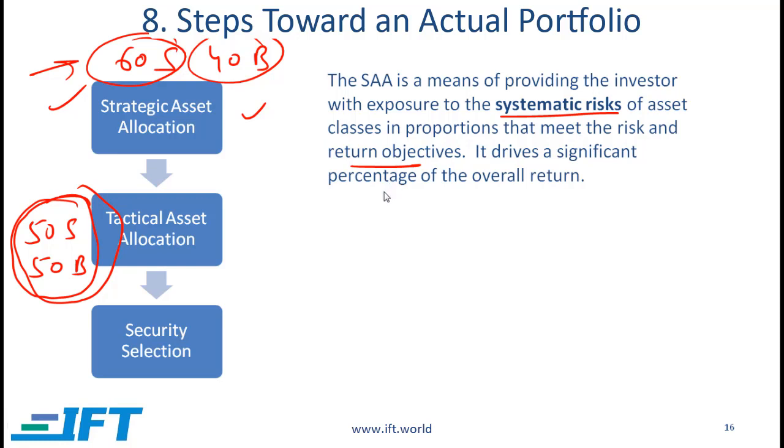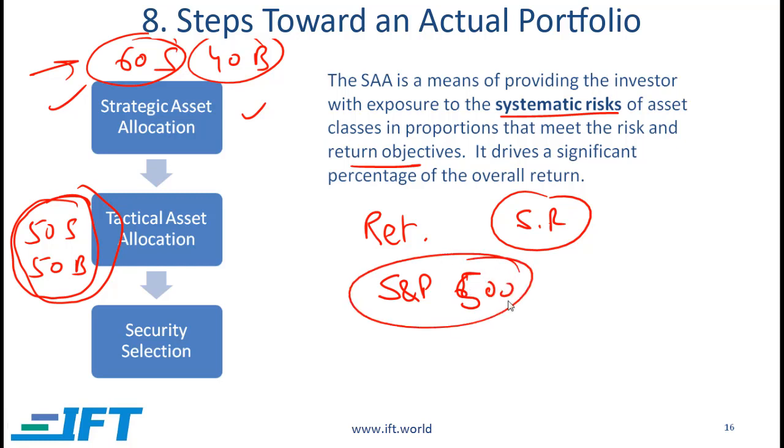As we have seen in previous readings, we are only rewarded for taking systematic risk. When we talk about strategic asset allocation and we say 60% in stocks, what we are really talking about is investing in the market. If we are a US investor and we say 60% stocks, then we would be talking about investing in, say, an index fund based on the S&P 500.